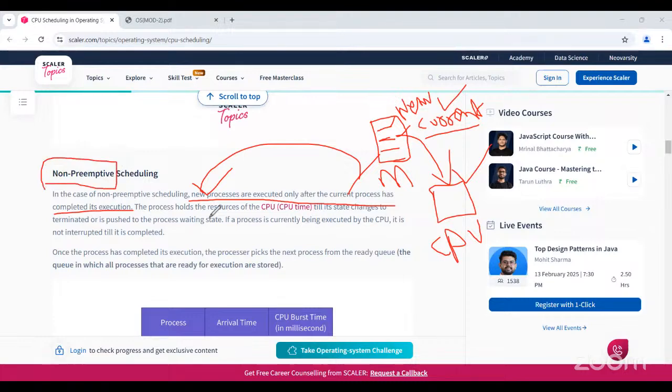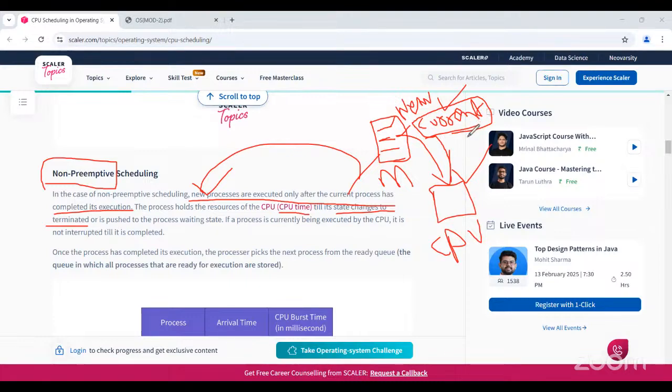So the process holds the resources, resources such as CPU time, till its state changes to terminated. That means the current process is executed, and then its state will be changed.